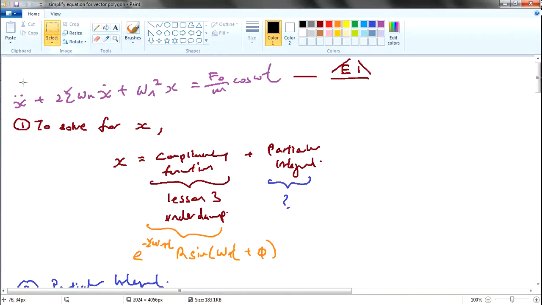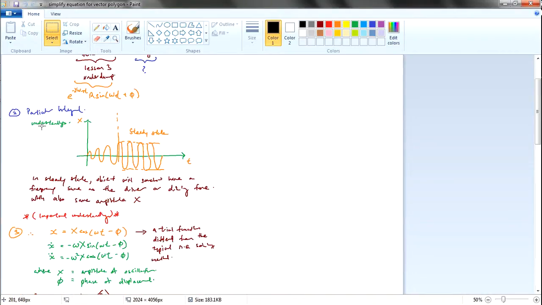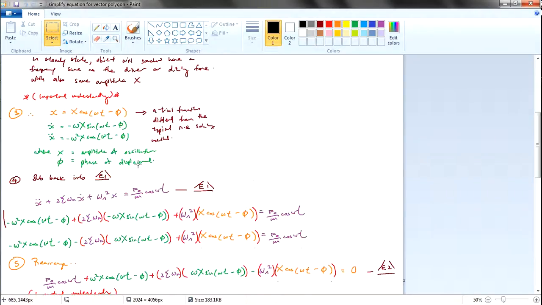Then we talk about how to use the second-order homogeneous equation to solve for x in this case. We explain why we do not want the complementary function: because it's a steady state, we only use the particular integral and that's it. This is why we talk about the particular integral for the rest of the whole thing.